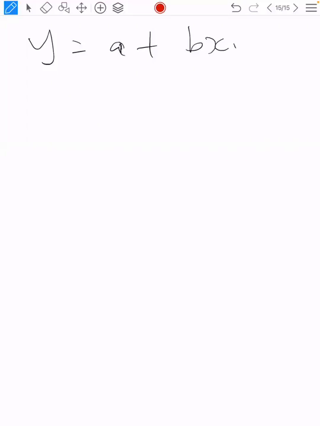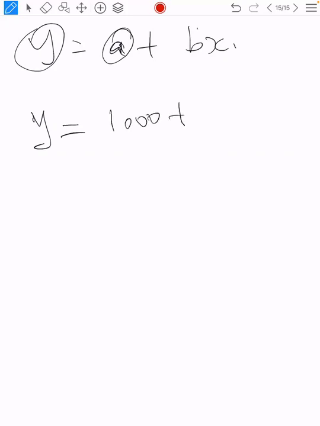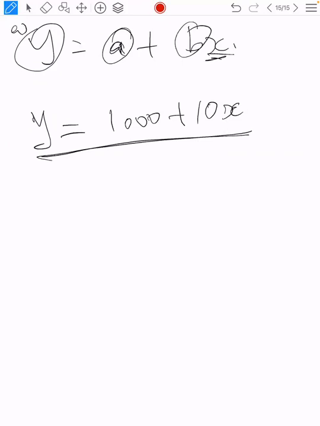So this linear equation that is going to be used to predict cost, this being the total cost, we are going to say total cost is equal to fixed cost, which is 1000 rand, plus variable cost per unit, which is 10 rand, times the given level of output. I've answered my B there. Let's go to C. So this linear equation is saying, people, that the total production cost is equal to fixed cost plus variable cost per unit multiplied by the number of units produced.